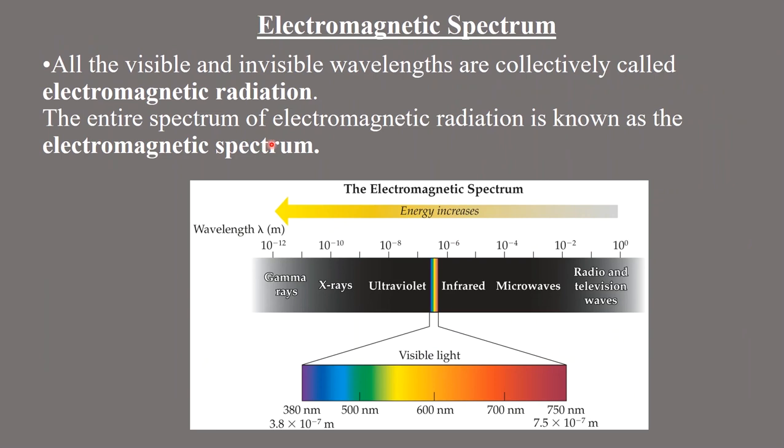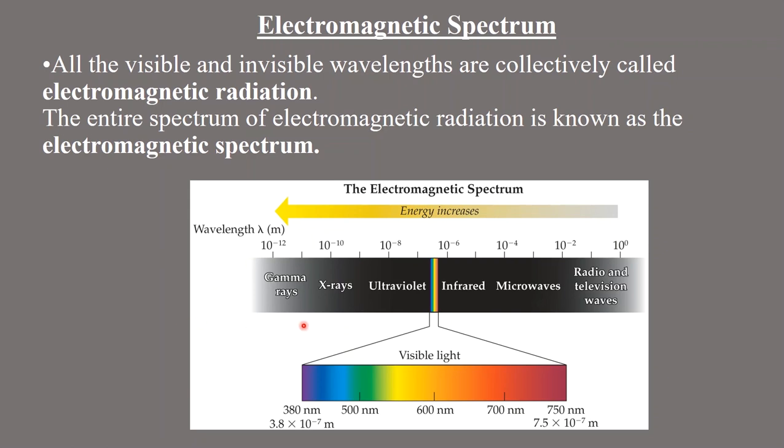Outside the visible range of 380 to 750 nanometers, there are many other wavelengths, and these are invisible to our eyes. All the invisible and visible wavelengths are collectively called electromagnetic radiation, and the entire range is called the electromagnetic spectrum.